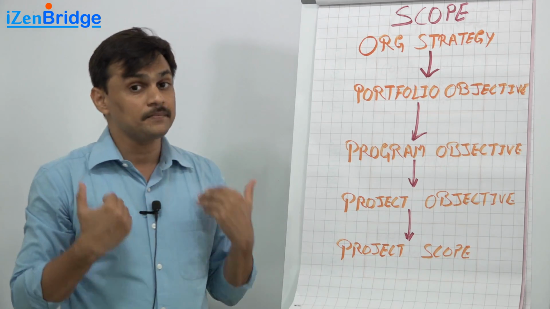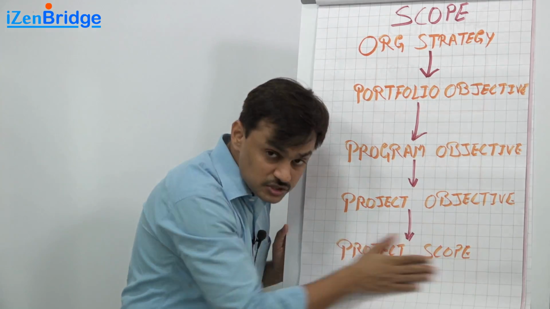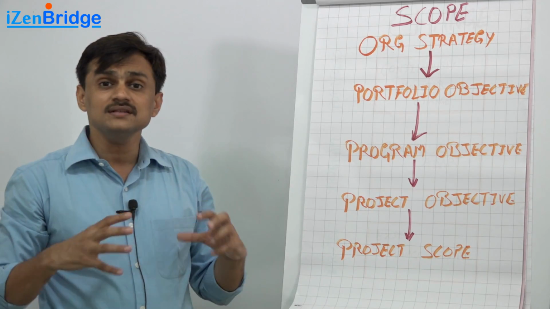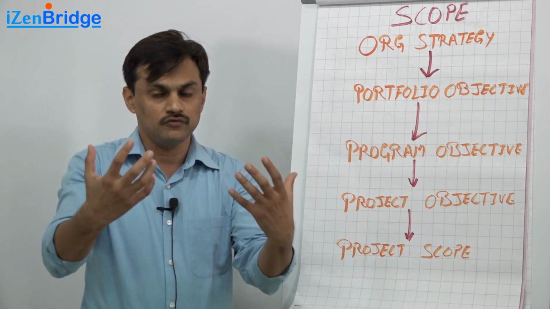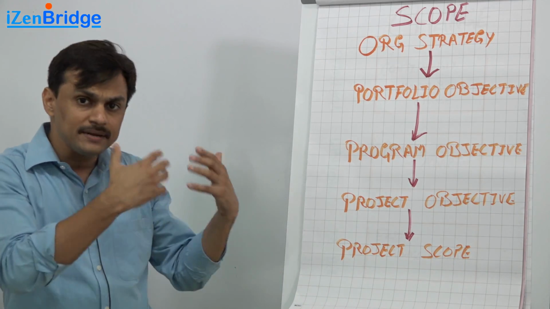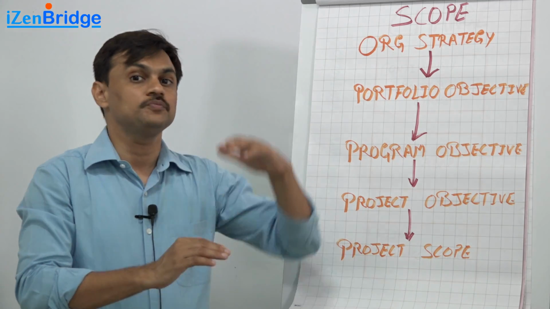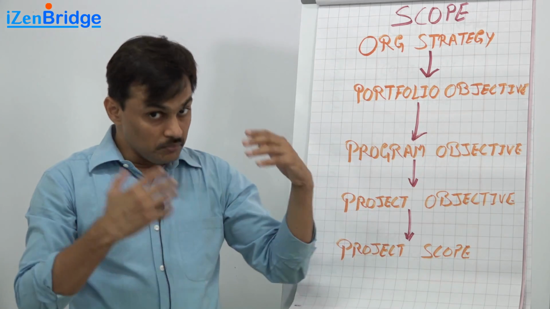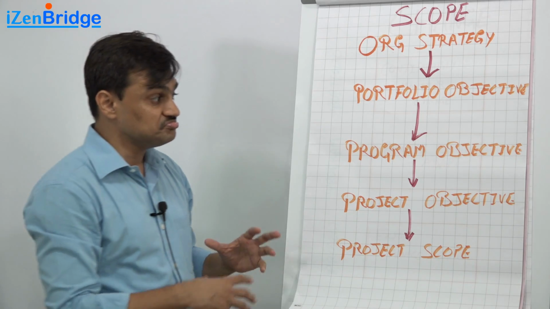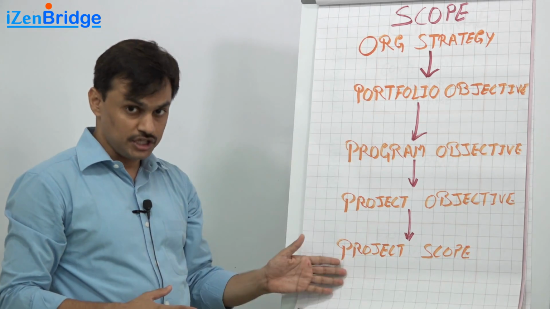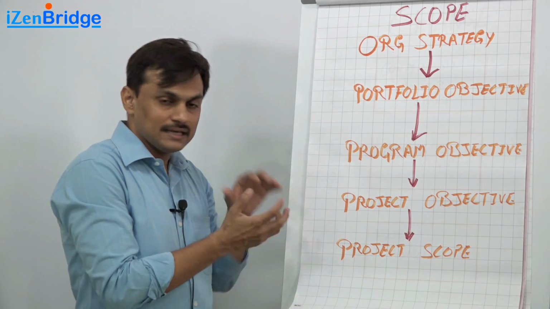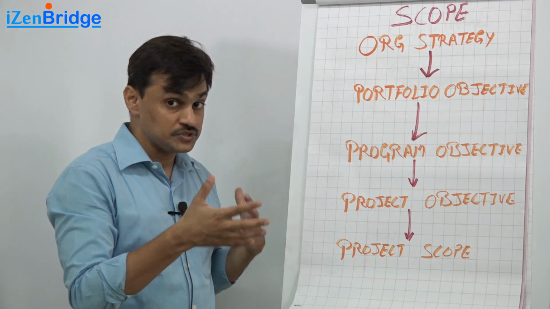Now many times as a project manager, we work on a project scope. Project scope is something which continuously evolves, which is progressively elaborated in order to achieve project objectives. Many times as project managers, we end up missing this linkage and we only focus on the scope as defined in our scope statement.